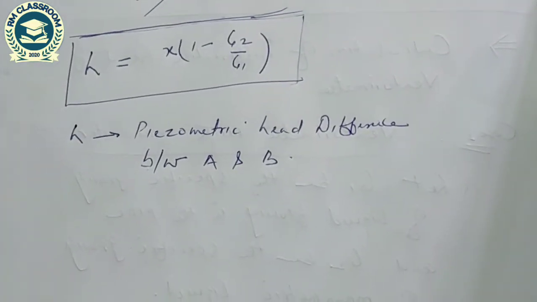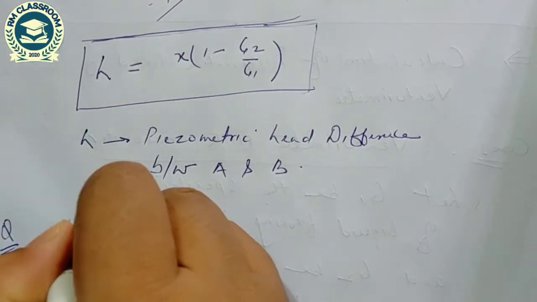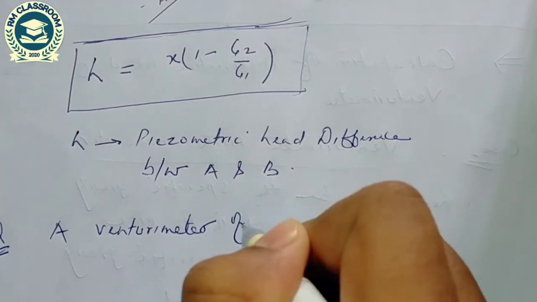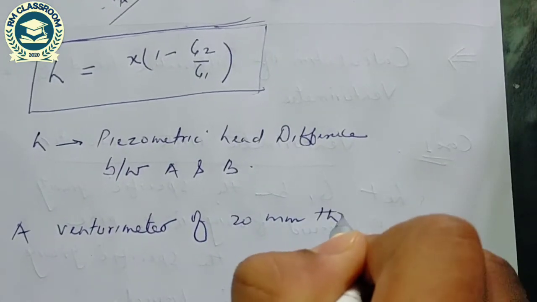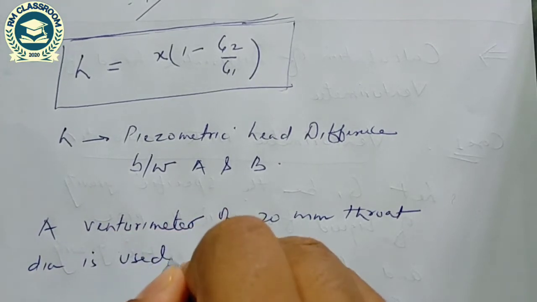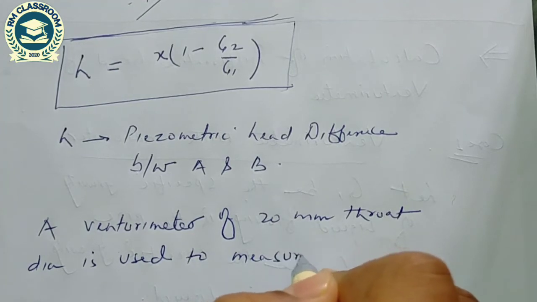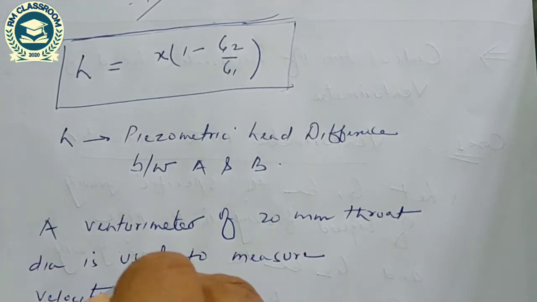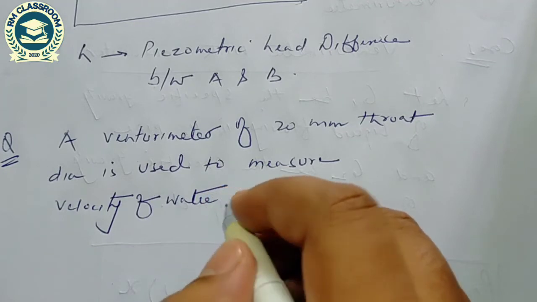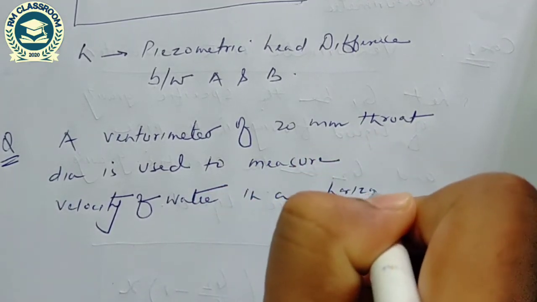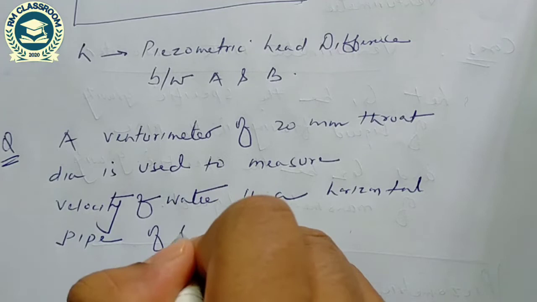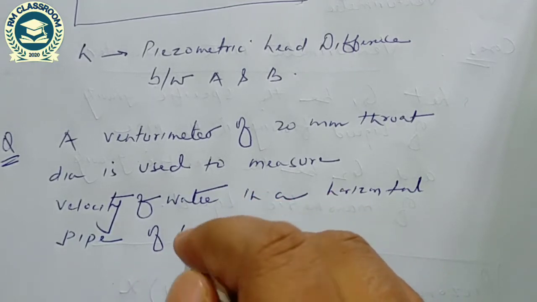So let us take one problem. A venturimeter of 20 mm throat diameter is used to measure the velocity of water in a horizontal pipe of 40 mm diameter.